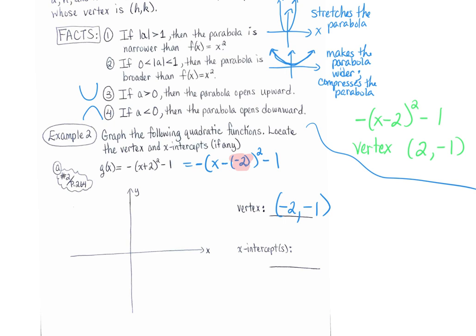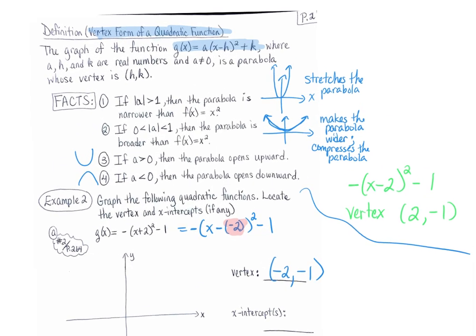So, I have a question. How did you come about that? What made it positive 2? Oh, for the green? That was a different question. If you have negative times x minus 2 quantity squared minus 1, your vertex is h, k.